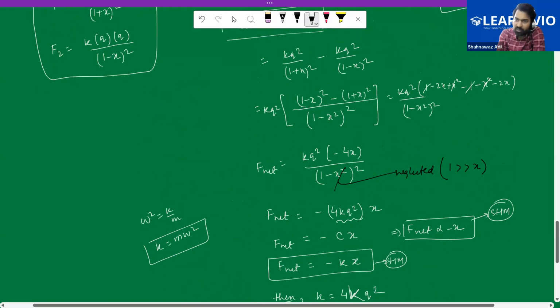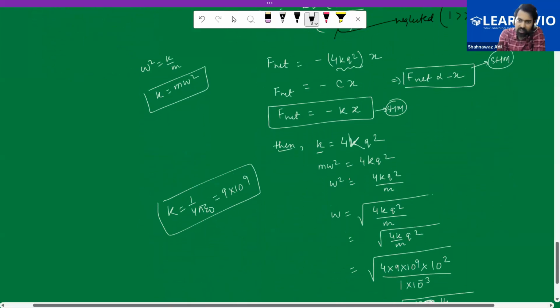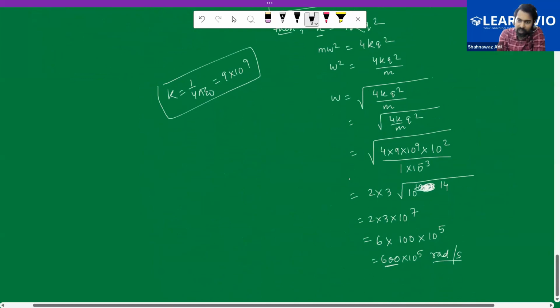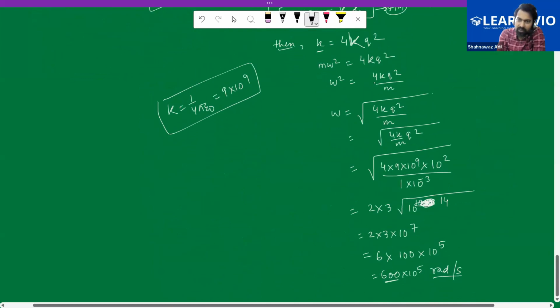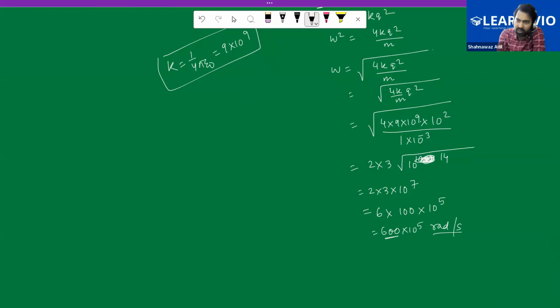So this is 4kq square and x. This is 2 into 3, and then this is 11.